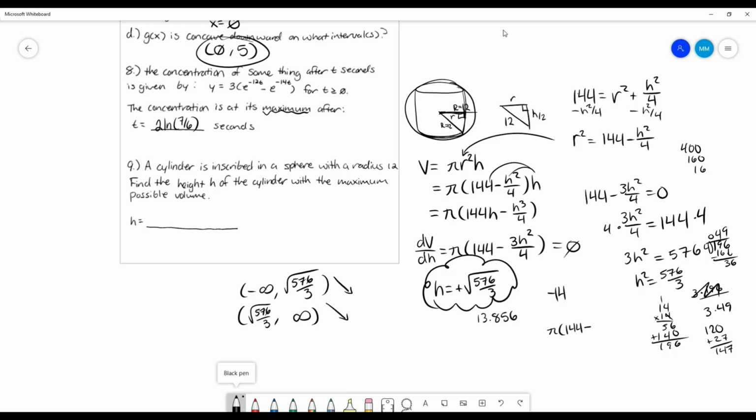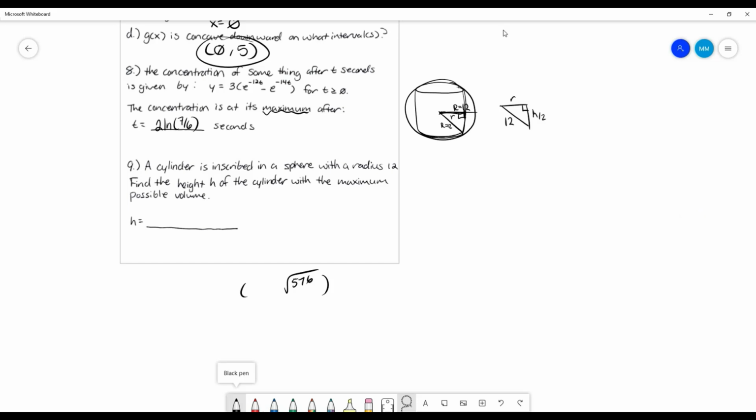Frustrating. Not sure where I went wrong here. Well, let's try a different radius, actually. I'm going to leave my picture, but I'm going to take away everything else.